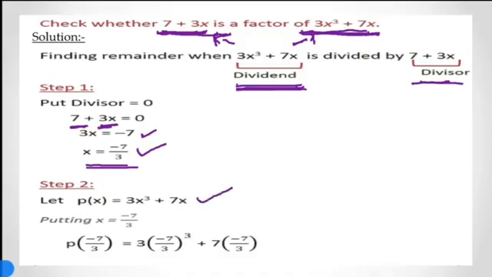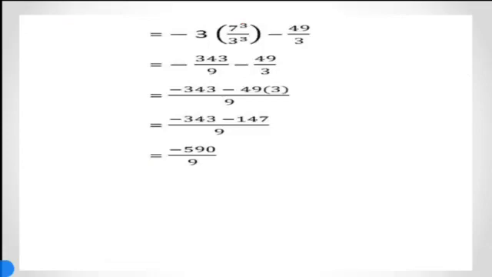We get p of minus 7 by 3 equals 3 into minus 7 by 3 whole cube plus 7 into minus 7 by 3. In the next step we get 3 into minus 7 cube divided by 3 cube.